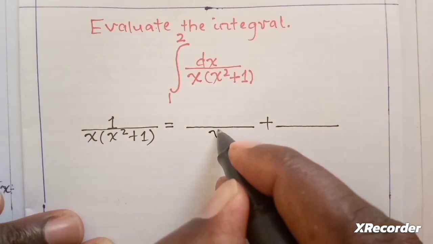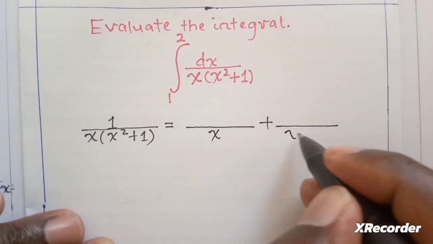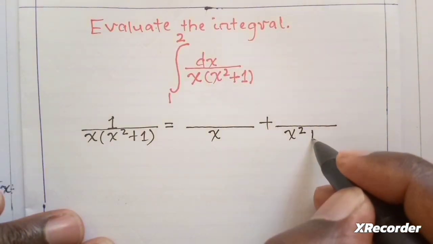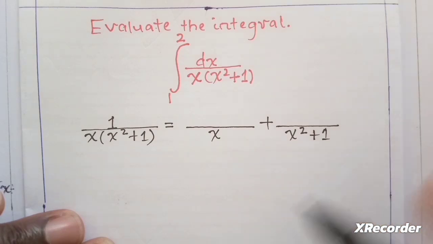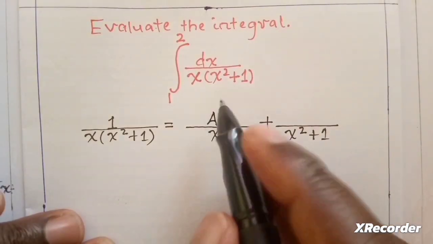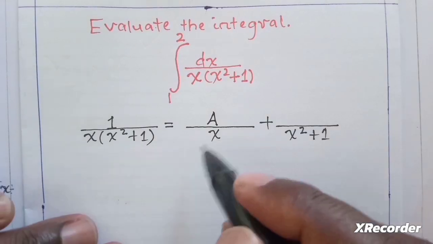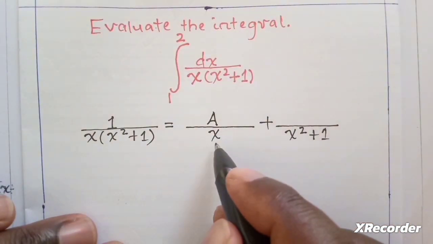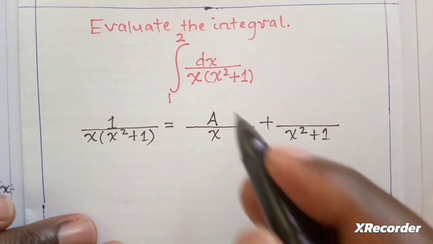So down here we are going to have x first, and down here we are having x squared plus 1. Here we shall have our a.